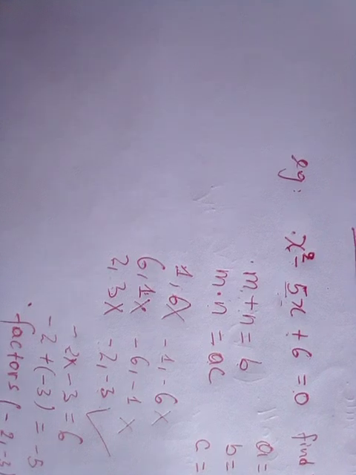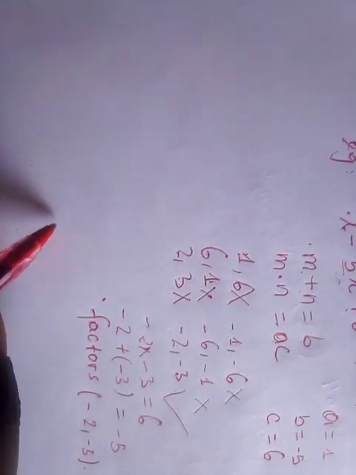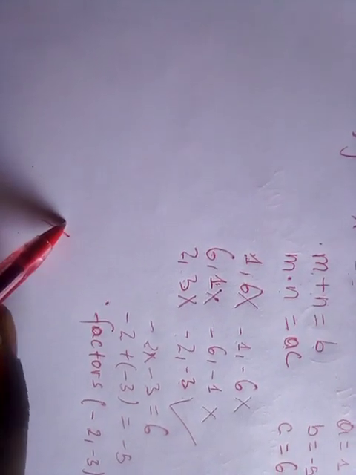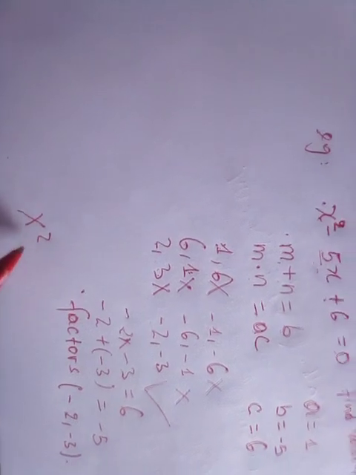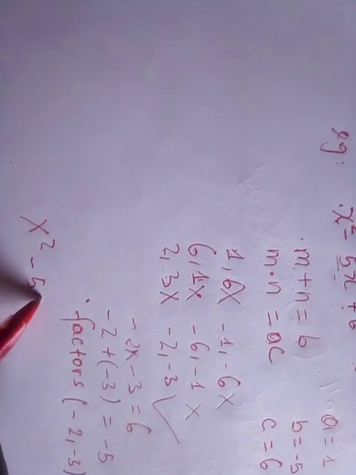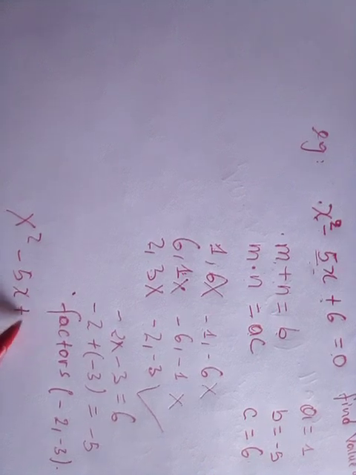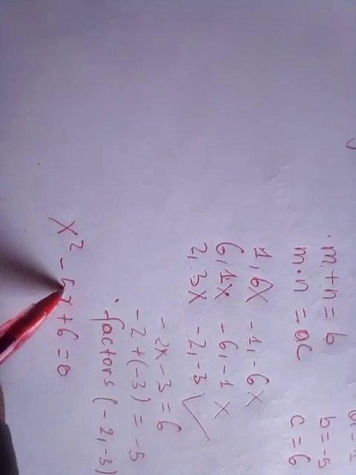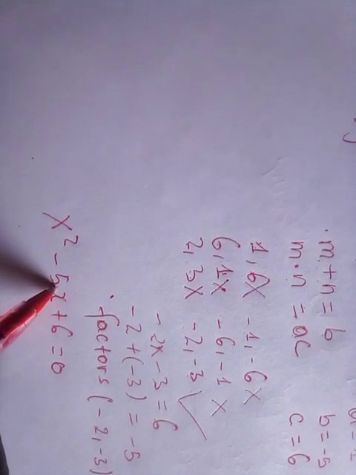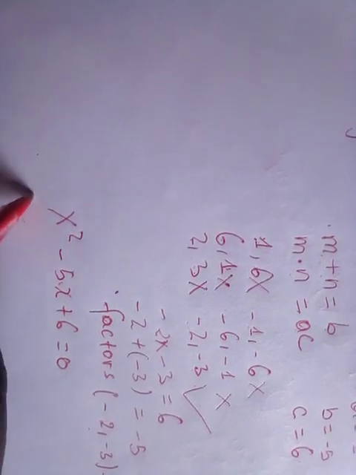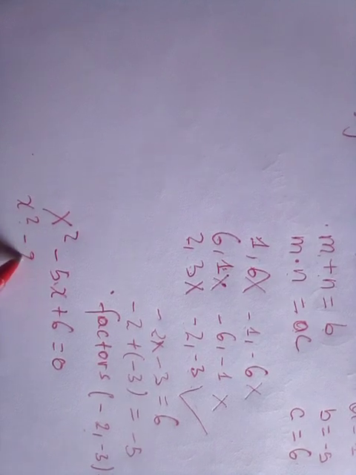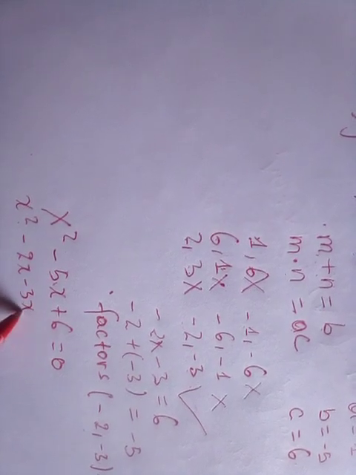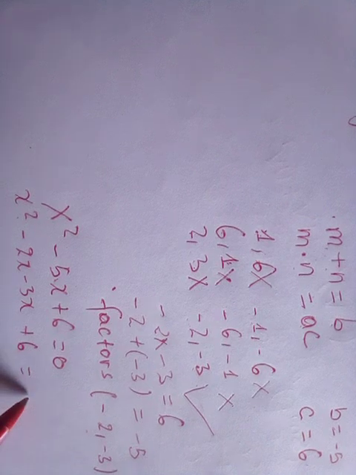When you observe this, the question becomes simple, as you are going to see. So you substitute negative 5x with these: x squared, negative 2x, negative 3x, positive 6.